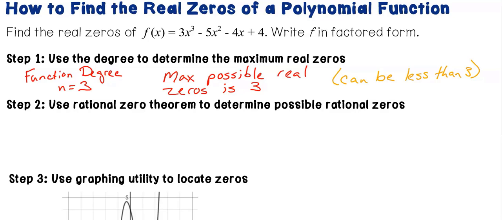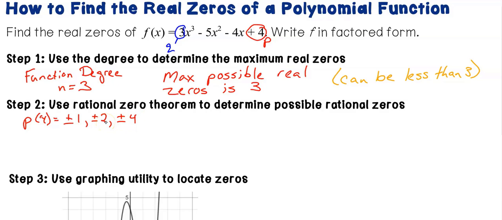So now we want to use the rational zero theorem to determine possible rational zeros. So we know that positive 4 is our p-value, 3 is our q. So the factors of 4 are plus and minus 1, plus or minus 2, and plus or minus 4, because 1 times 4 is 4, and 2 times 2 is 4.